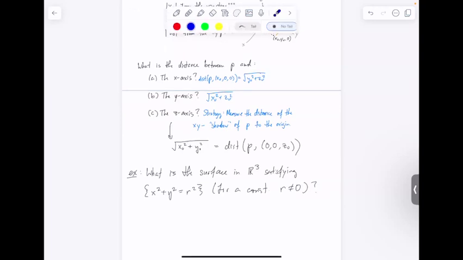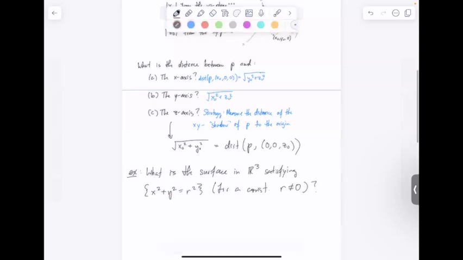Well, in other words, I'm looking for the set of points in R3 such that the distance from the z-axis is constantly r. This is the distance squared from the z-axis, and the right-hand side is some constant. If I want the distance squared to be some constant, then the distance must be the square root of this constant.